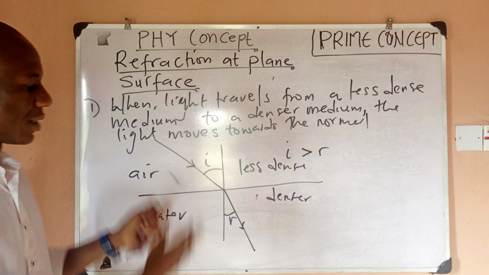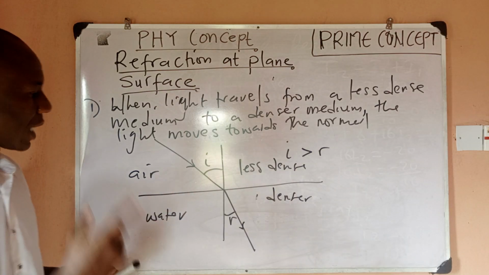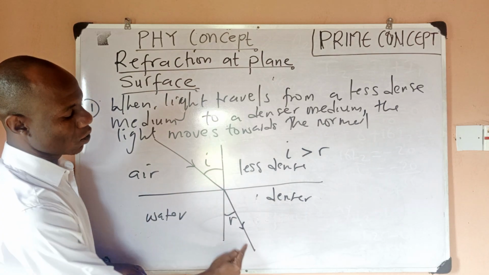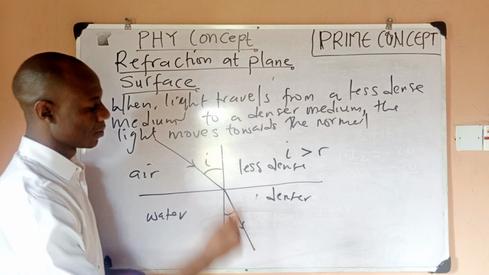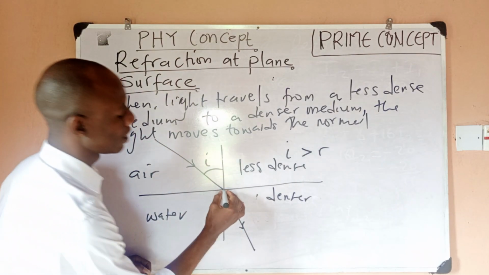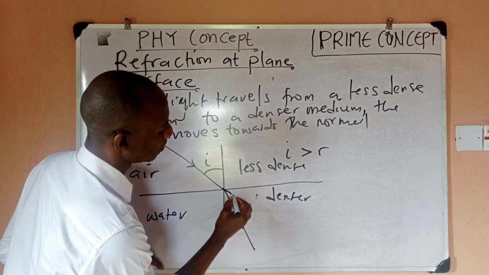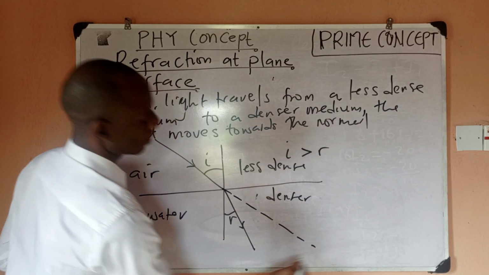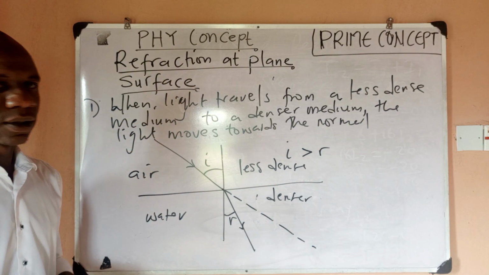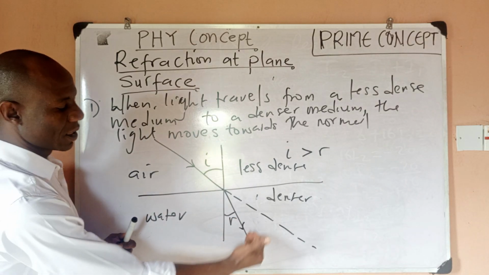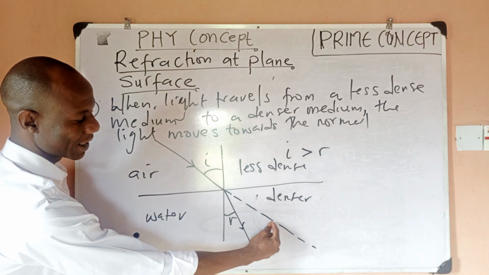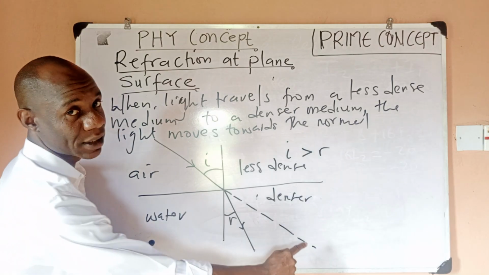Now, if we have this particular scenario, assuming there was no refraction, you would expect that your incident ray should travel straight in this direction. But because there is refraction, it is now deviating from the normal direction.